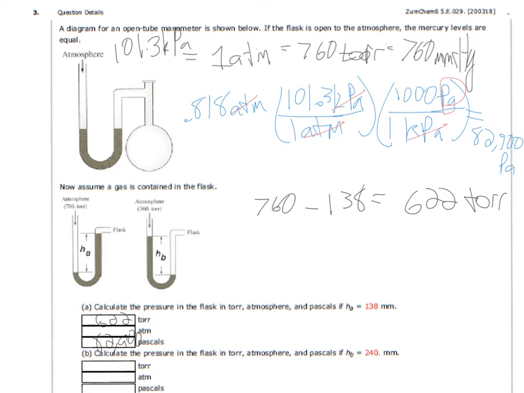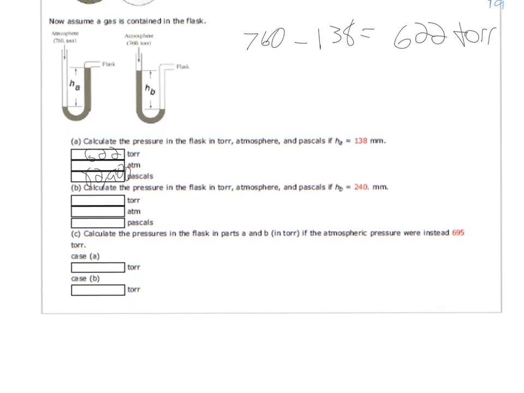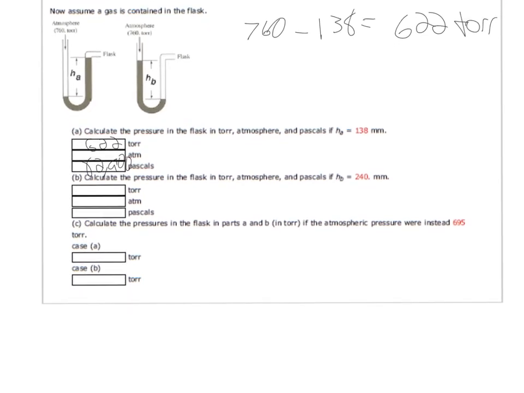Next, in situation B, let's take a look at this one. Here we have the atmosphere pushing down on the mercury in an open-ended manometer, and the pressure of the gas in the flask pushing down on the other side of the mercury. But this time, the gas sample is winning in that battle. The pressure of the gas in the sample is greater than atmospheric pressure.